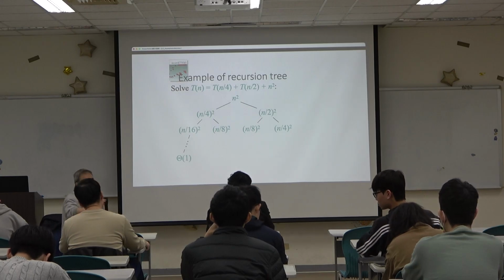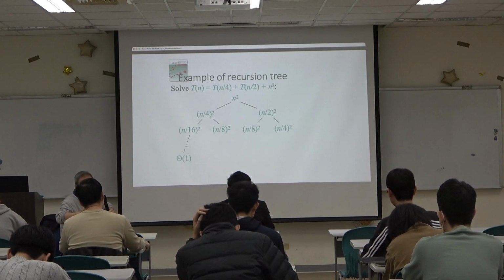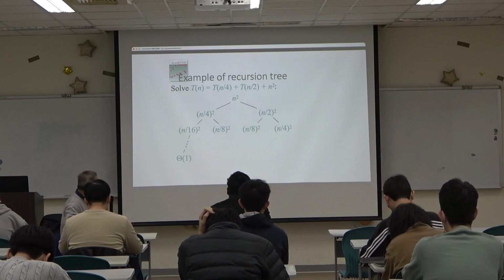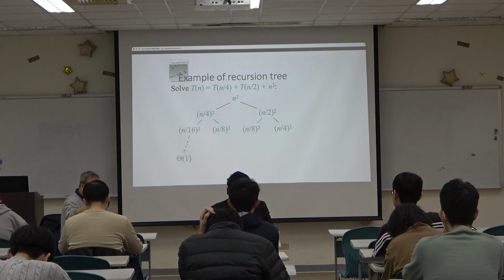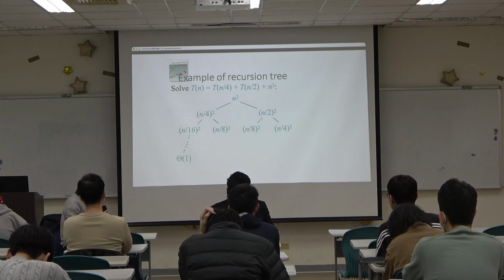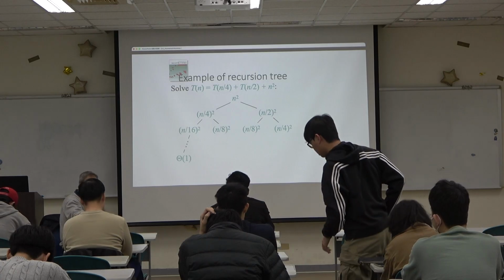Okay, but you don't need to draw them out completely. Well, we can say that's the beauty of the recursion tree, but that also makes it informal. But anyway, let's take a 10 minutes break. When we come back, we'll continue the discussion. Okay?